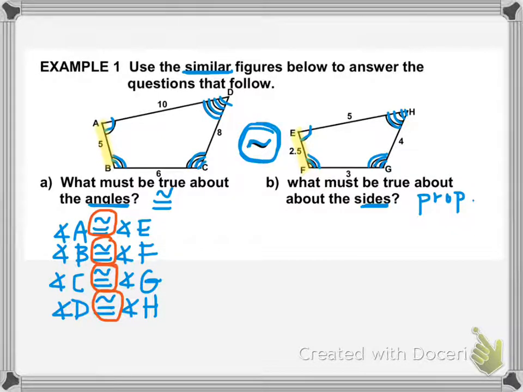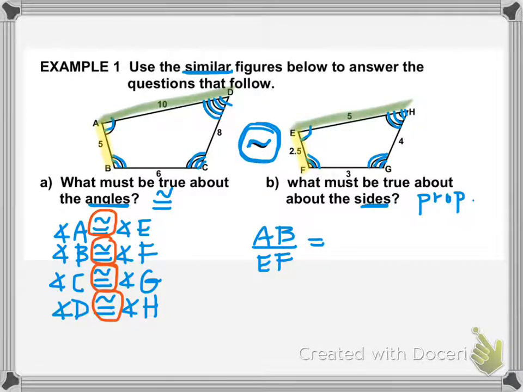So I could say side AB over side EF, the length between A and B over the length between E and F, is going to equal another ratio of two corresponding sides. Maybe this 10 and this 5.